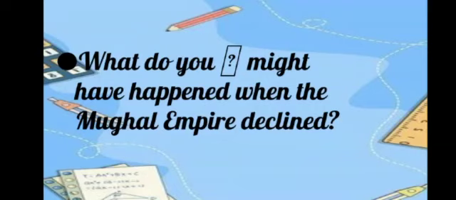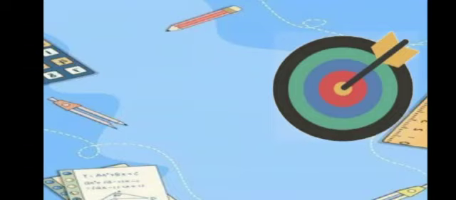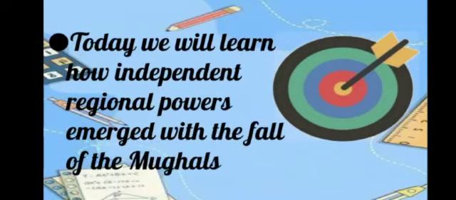So, when the Mughal Empire declined, many regional powers emerged as independent kingdoms. Got it? Our aim is we will learn how independent regional powers emerged with the fall of the Mughals.